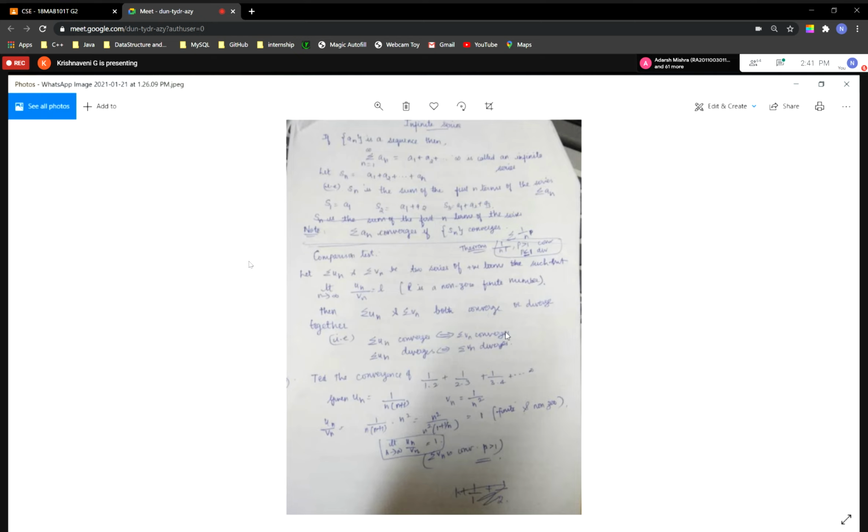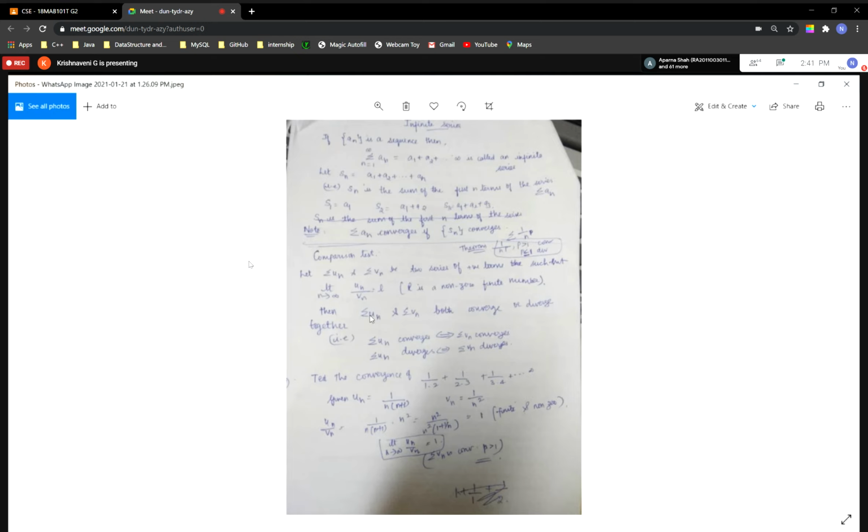You should remember this. Let summation un and summation vn be two series of positive terms such that the limit as n tends to infinity of un by vn equals L, a non-zero finite number.